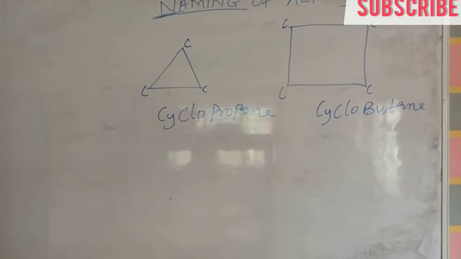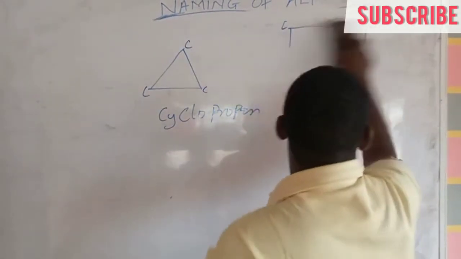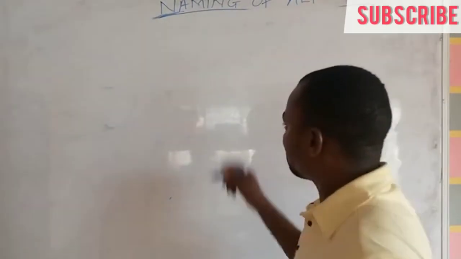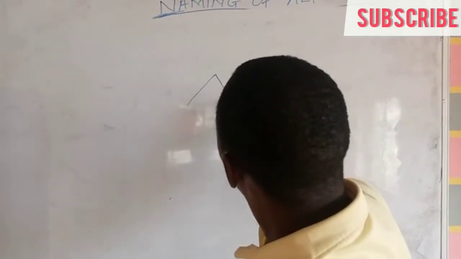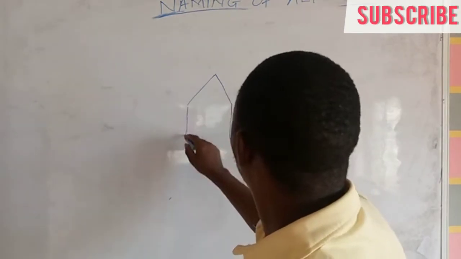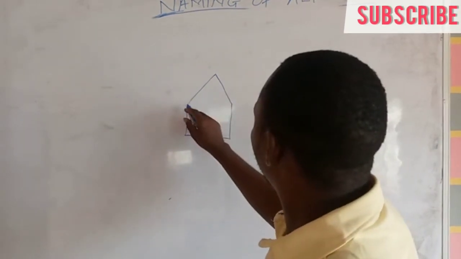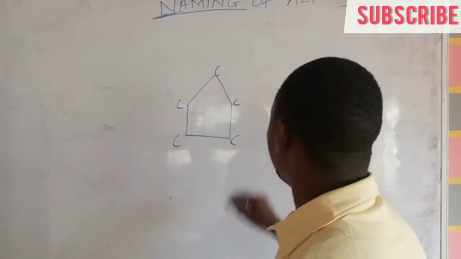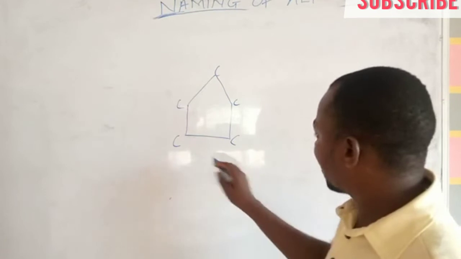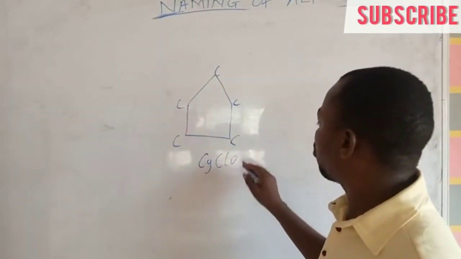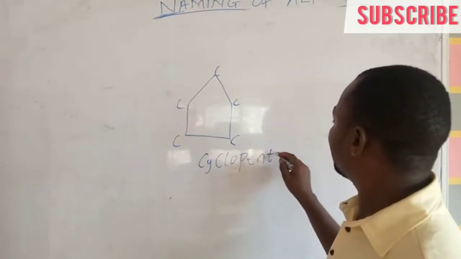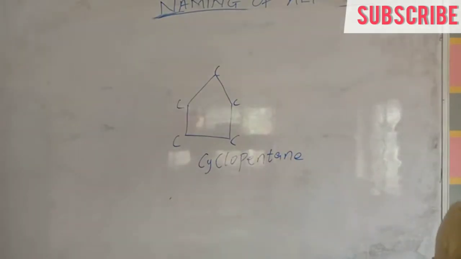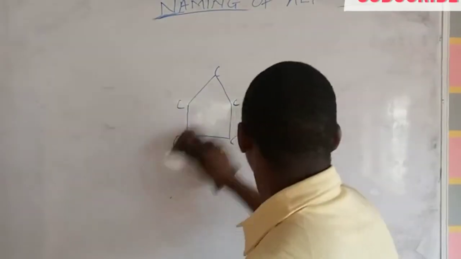We can also have this. So I have a C here, C here, C here, C here, C. So this is cyclopentane, because the number of carbon is 5. Cyclopentane.